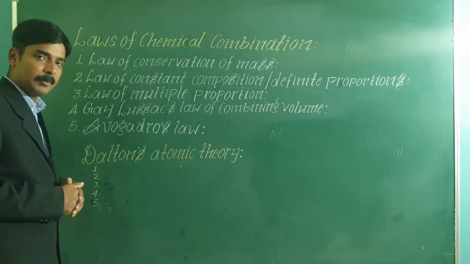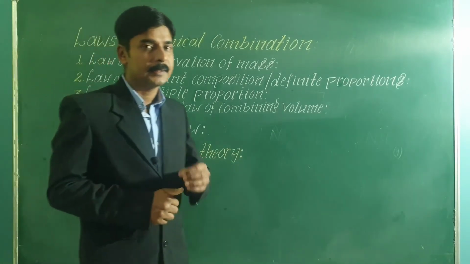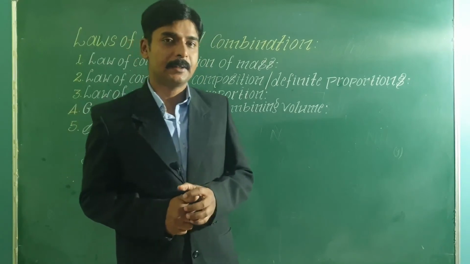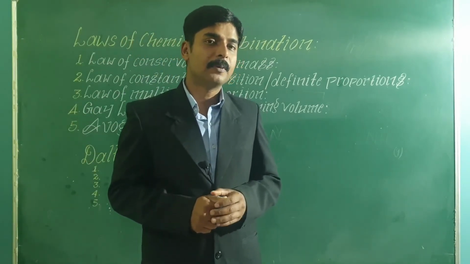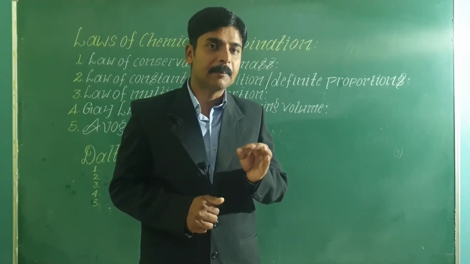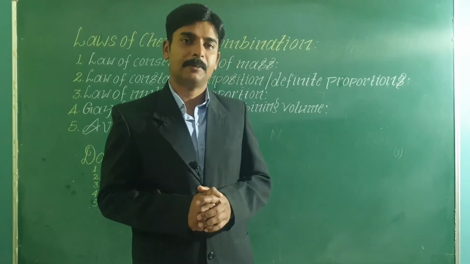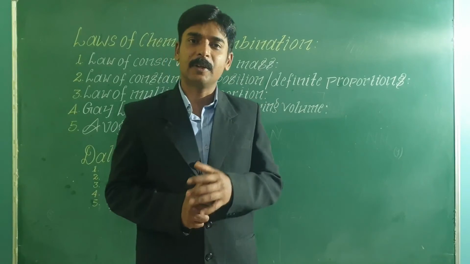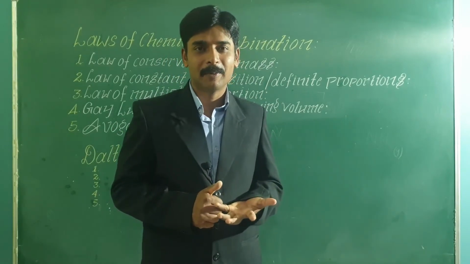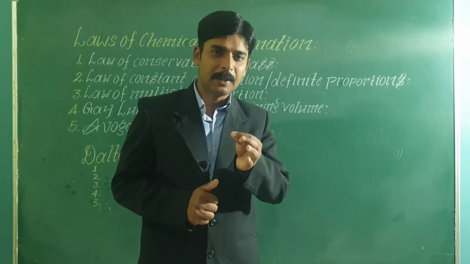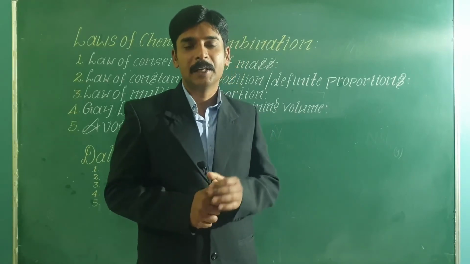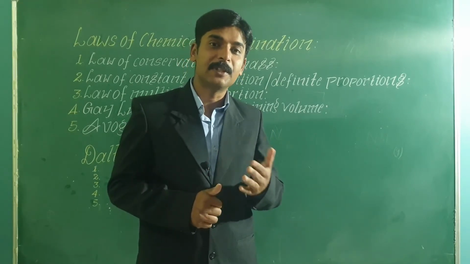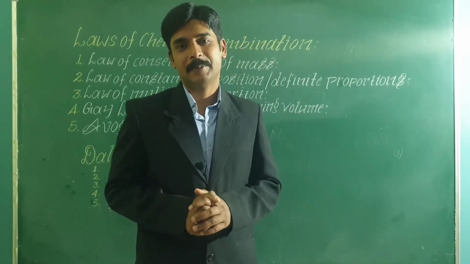The first postulate is, every matter is made up of very tiny particles called atoms. Everything that we are seeing in and around us is matter, and what is this matter made up of? They are made up of very small, invisible and indivisible particles called atoms.